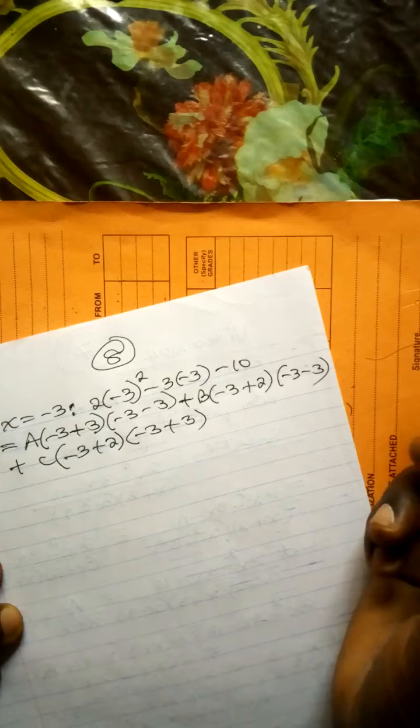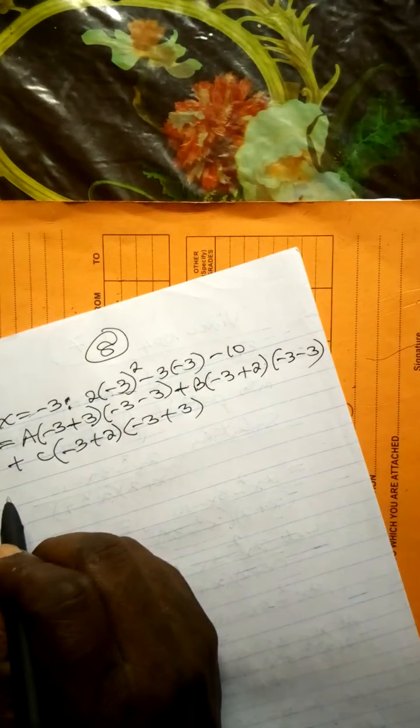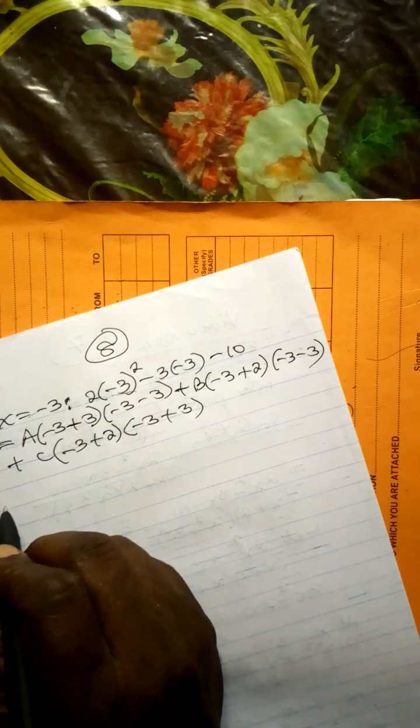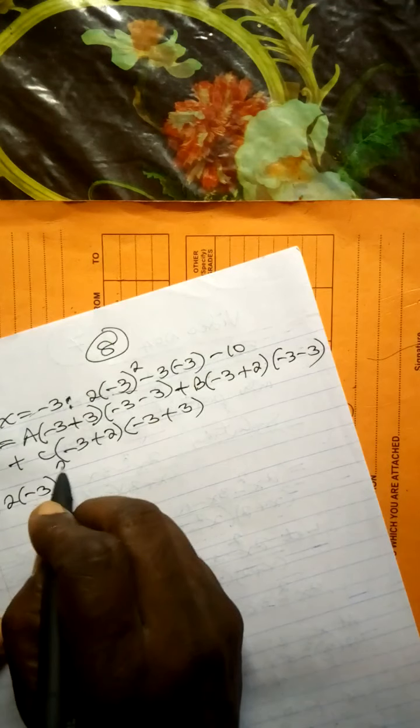Again, minus 3 plus 3 is going to be 0, so 0 times everything here will be 0. So I have 2 into minus 3 squared.